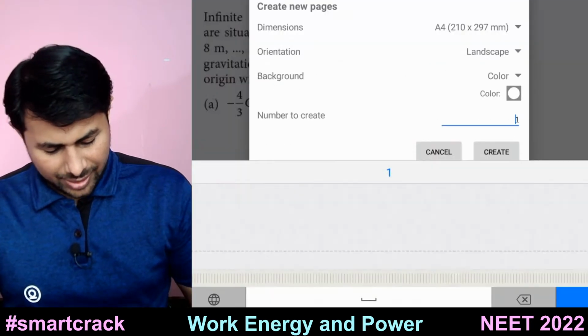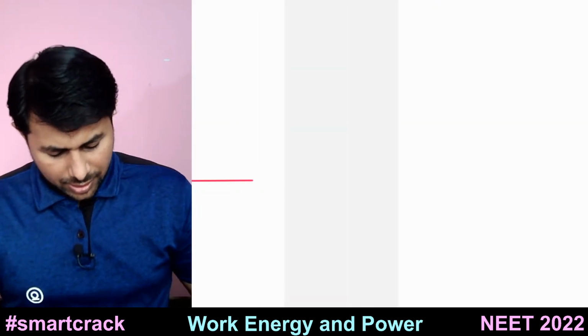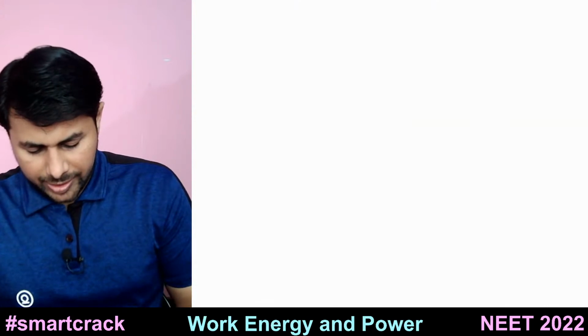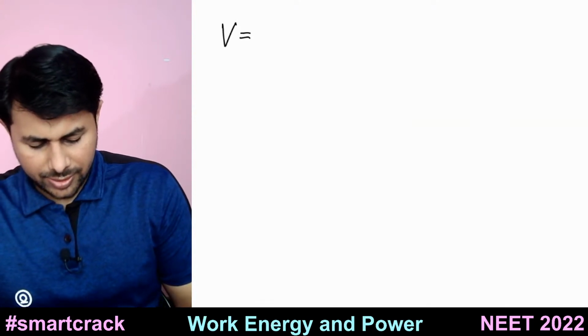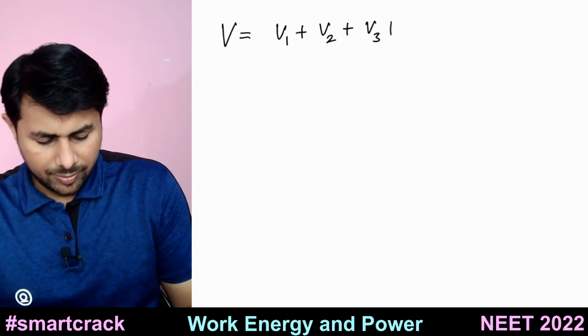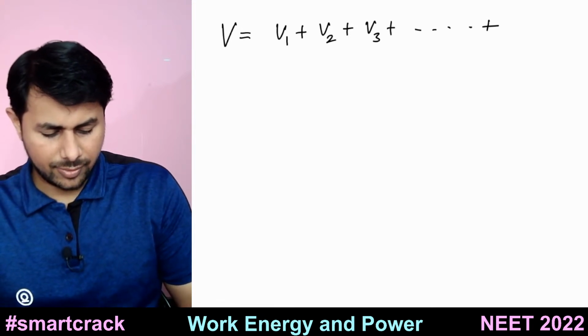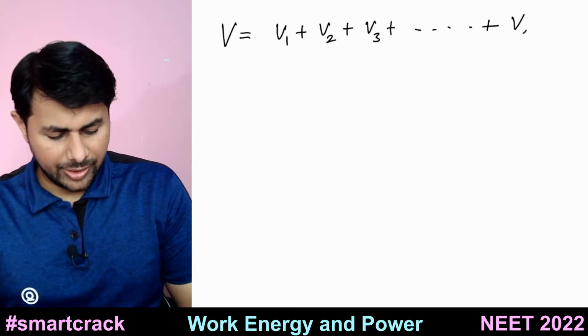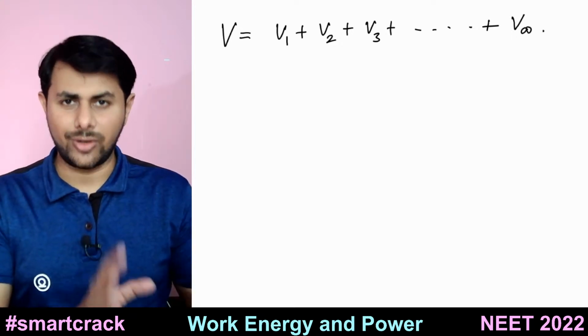So here there will be gravitational potential due to the first body plus second body plus third body, and so on and so forth up to V infinity, the infinite body.